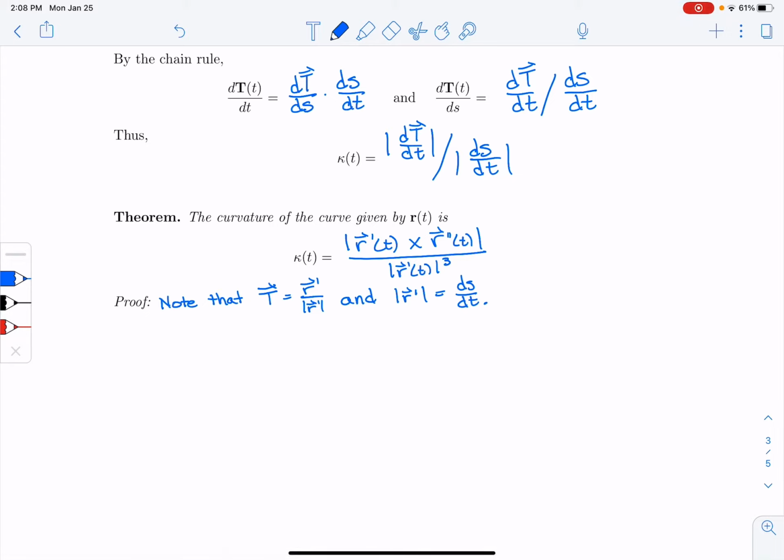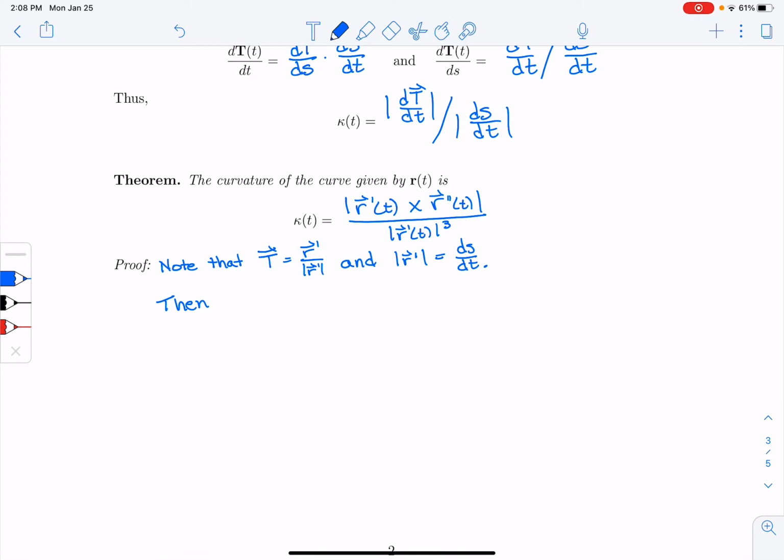Okay, so then another way that we can write r prime, given that definition, is we can think about r prime as being the magnitude of r prime times the unit tangent vector.